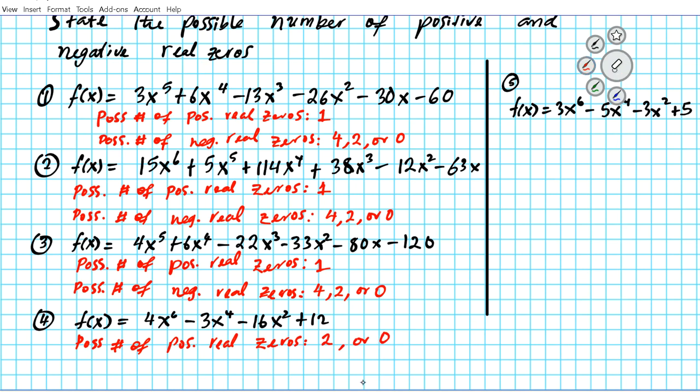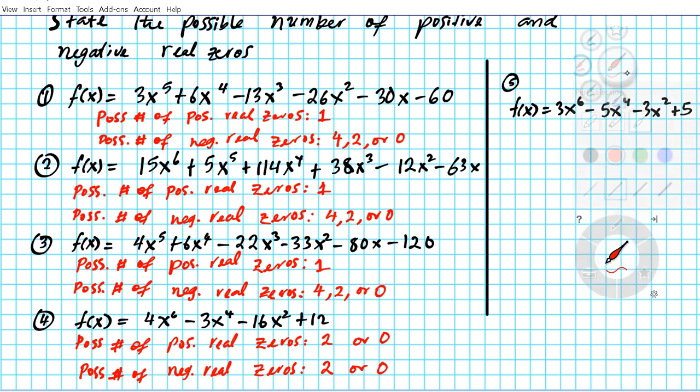Okay, and then for the possible number of negative real zeros, we're looking at the sign variations for f of negative x. Okay, so that's going to be 2 or 0.